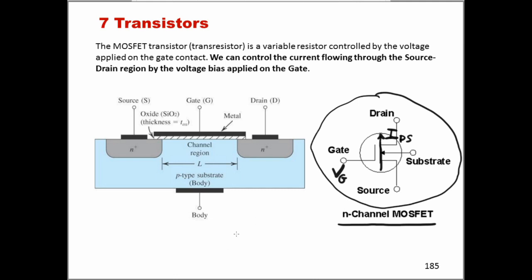But the naming is quite clear. So in this case, we will see that when this device operates, the channel that is created is N-type. So when we are using a MOSFET that has a P-type substrate and source and drain are N-doped regions, then this means that this is an N-MOSFET.